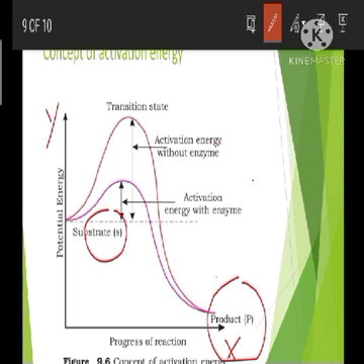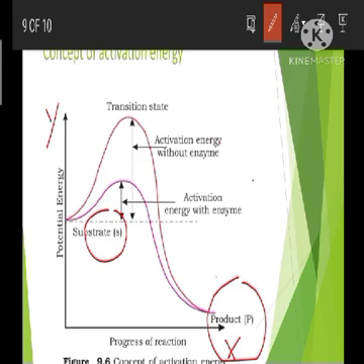So what is that transition state? I already told, it is the high energy state, isn't it? So what is required? To provide energy. Activation energy should be provided to the substrate so that it can enter into the transition state and then it can be converted into the product. So what is this activation energy?